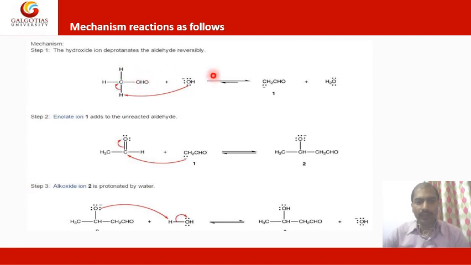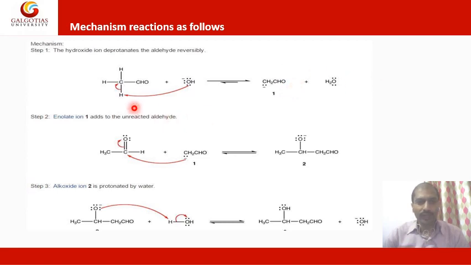This alpha hydrogen is being removed by the mild base. OH will take one of the hydrogen ions, so this will form CH2 negative. The lone pair will exist on it, and a water molecule will be formed.